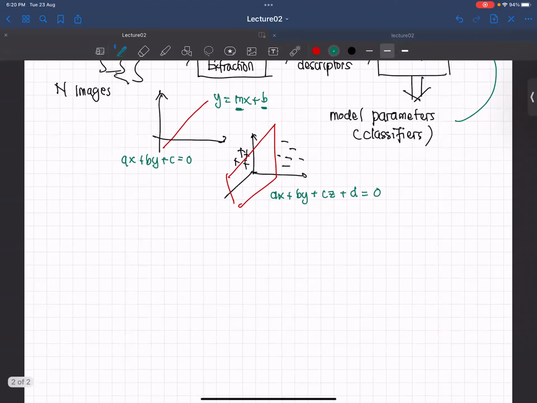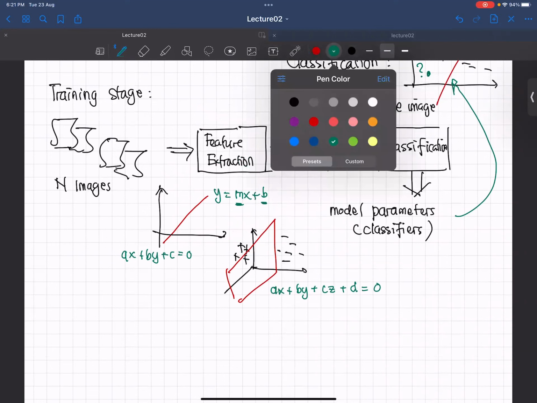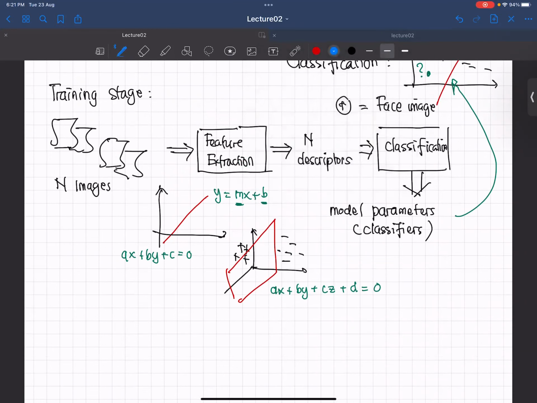Just remember that we want to find positive and negative. There are a few things there. So for these n images here, what do these n images consist of in the training stage? Exactly, face and non-face, positive and negative.